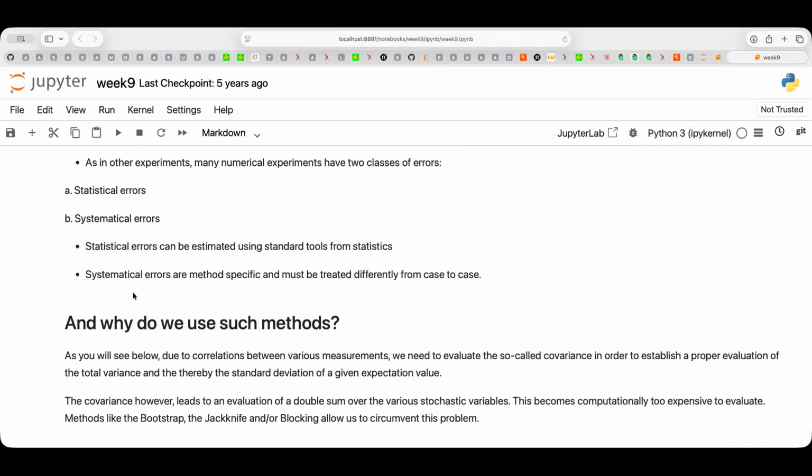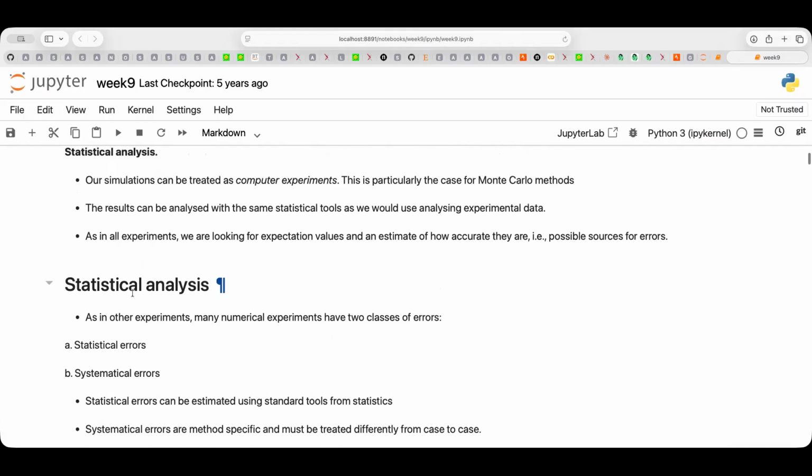Because when you run a calculation like a Monte Carlo calculation, if you don't provide a standard deviation on your results, nobody will believe your numbers, period. And the same applies if you run an experiment. So let's bring back the whiteboard and say a little bit about the things we derived last week.